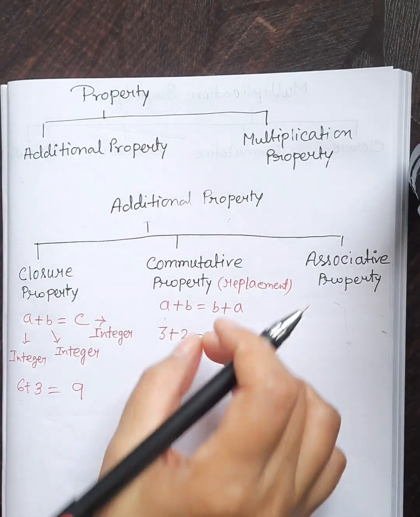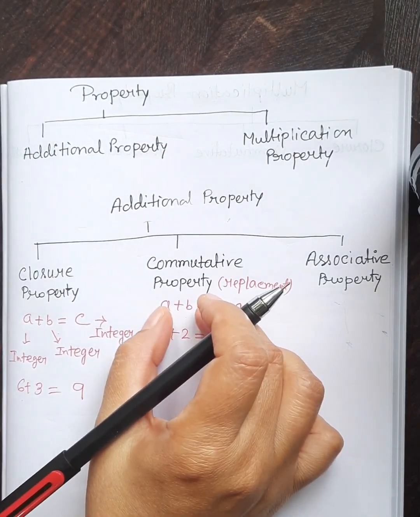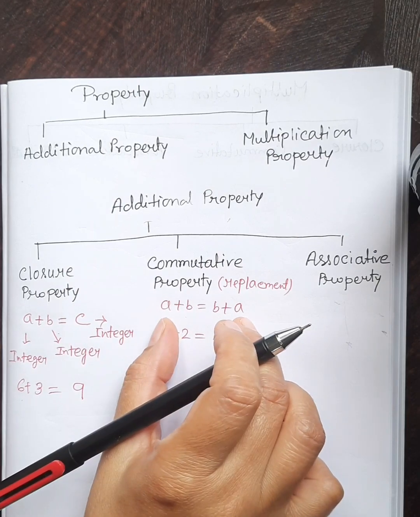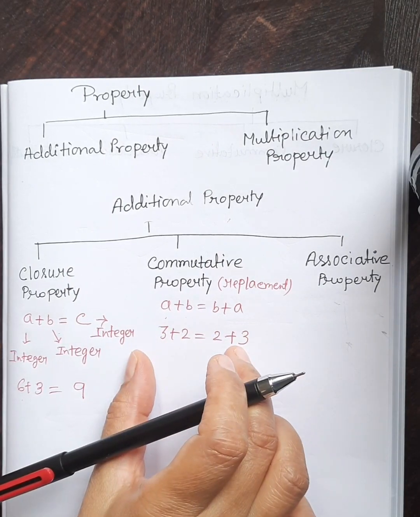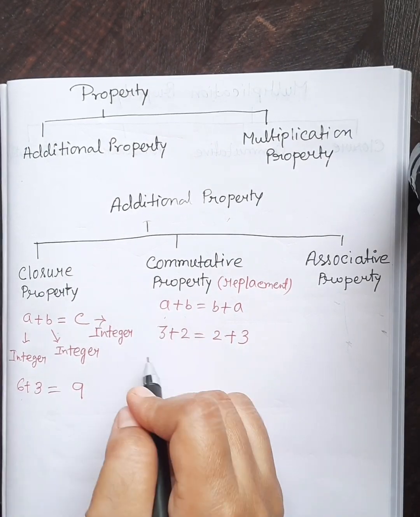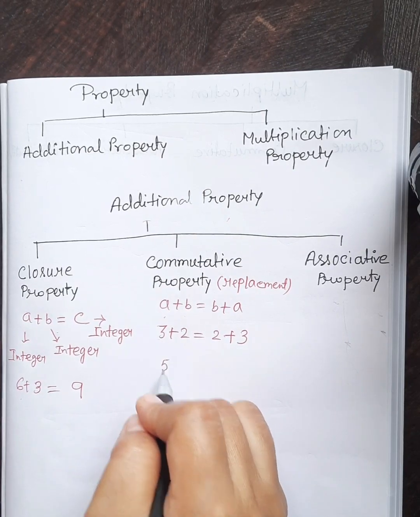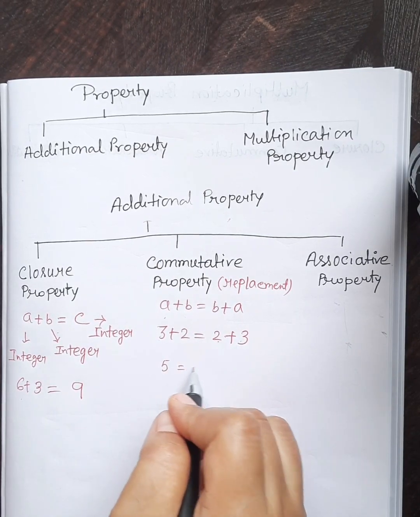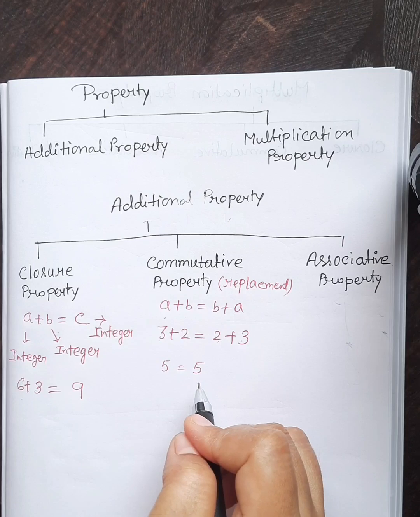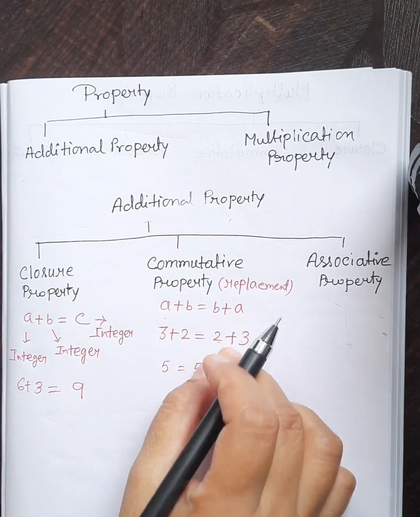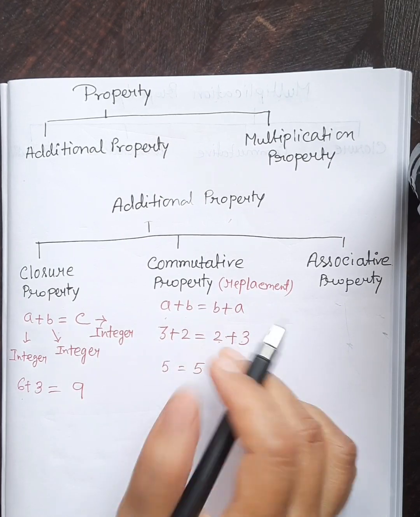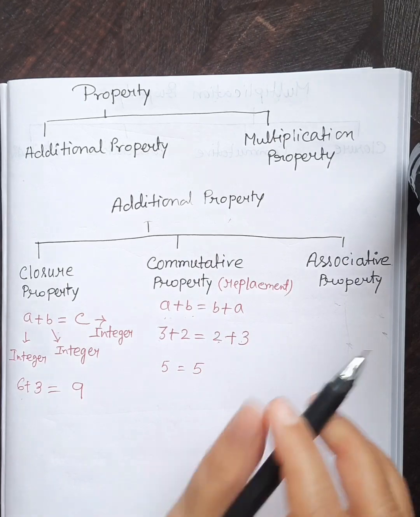Just the place of the individual integers we can replace. Let's take 3 plus 2, we know 5. Here is 2 plus 3. You can find 5. So this property is satisfied. A plus B equals B plus A.